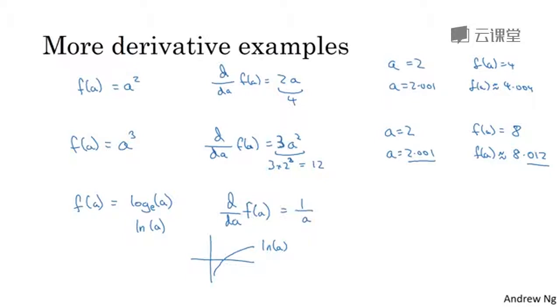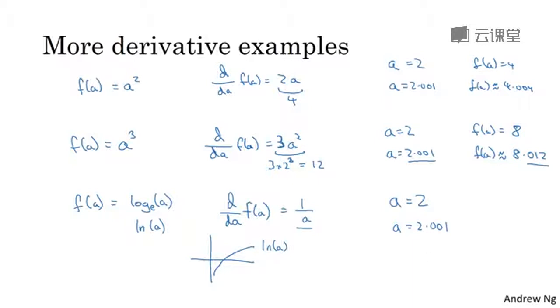So the way to interpret this is that if a is any value, and again, let's just keep using a equals 2 as an example, and you nudge a to the right by 0.001, you would expect f of a to go up by 1 over a, that is by the derivative, times the amount that you increased a.